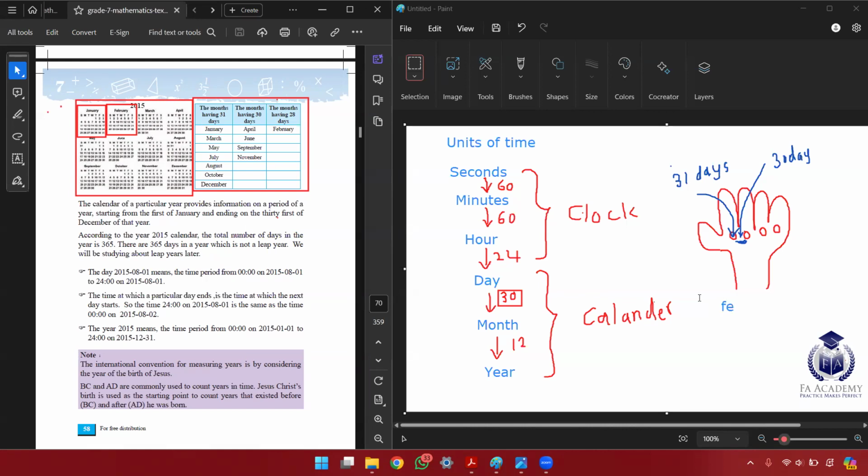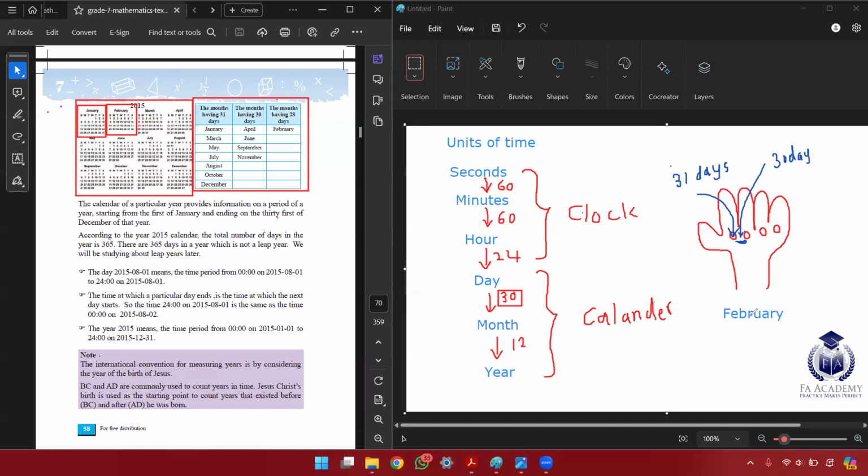28 days or where we have only 28 days or how many days? 29 days. Okay, so that's a special month. Right, so I'll just write that here.